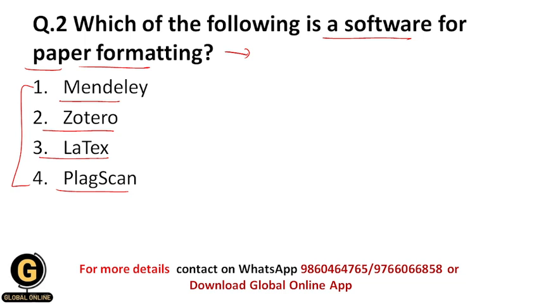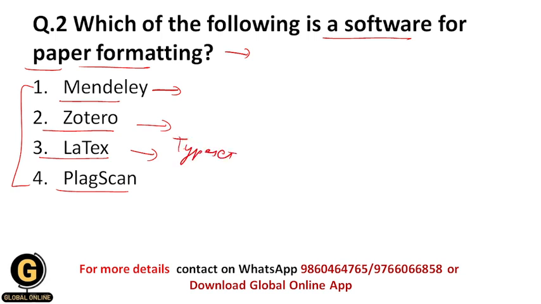Now let us see what is Mendeley. So students, Mendeley is a reference management software, and it will help you to collect, organize, cite and share research. Zotero is also a reference management software which will help you to collect, organize, cite and share research. What is LaTeX? Now LaTeX is a paper formatting software, and this is nothing but a typesetting system.